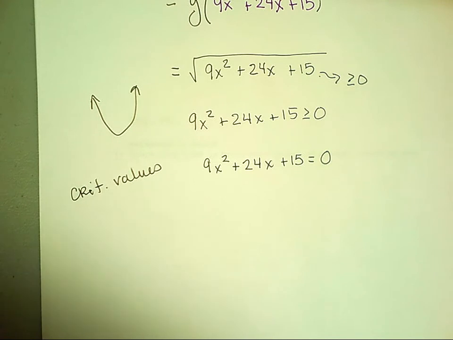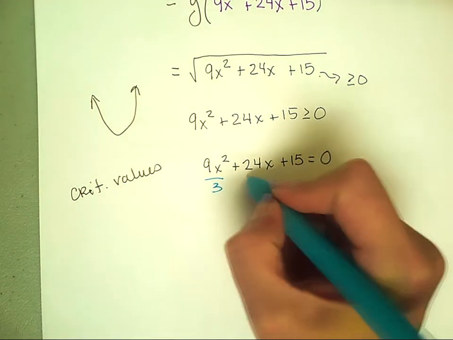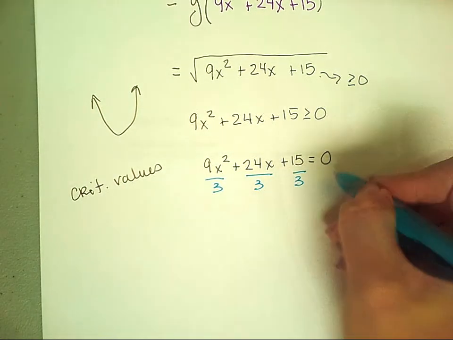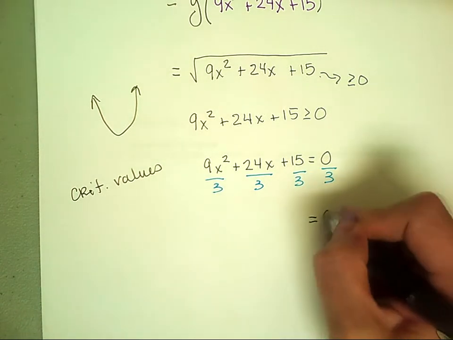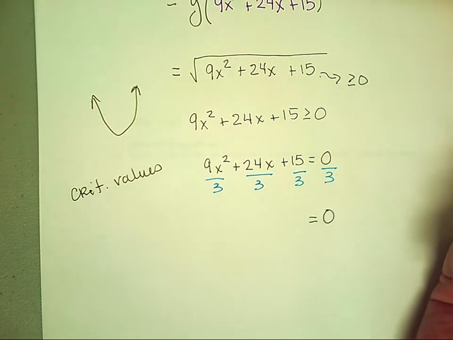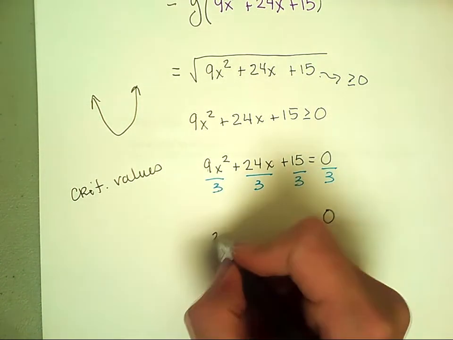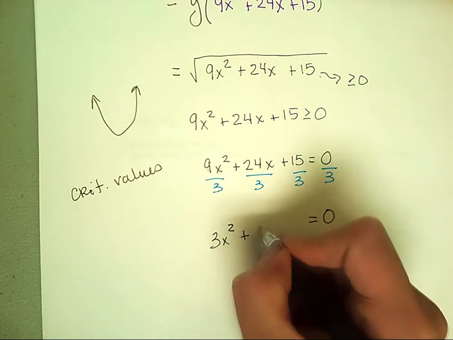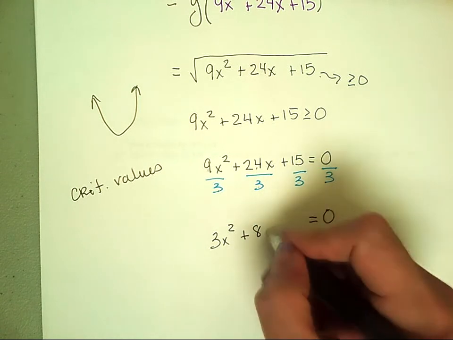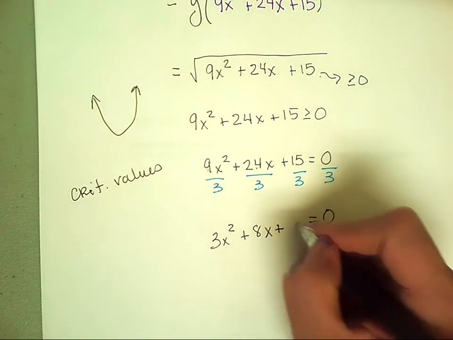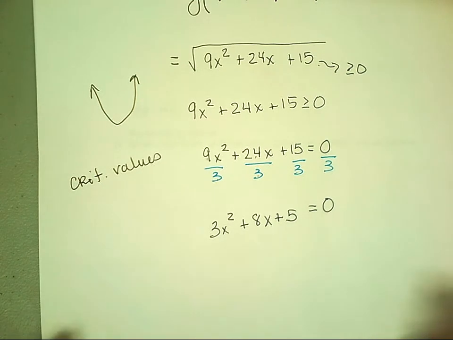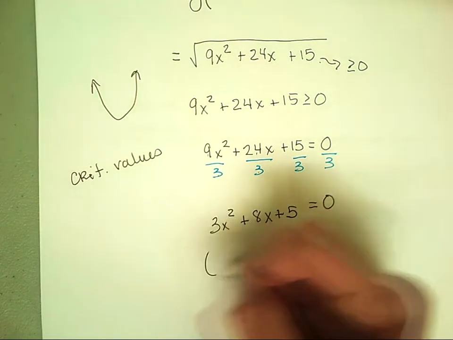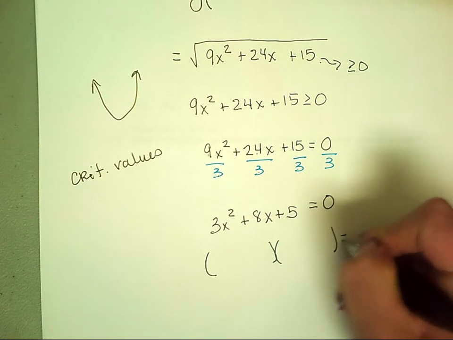Now, there's a common factor of 3 in all of these, so let's divide out that 3 to make this a little simpler for us. And the great thing about that is that 0 divided by 3 is 0. This becomes 3x squared plus, 3 goes into 24 8 times, plus 5. Okay.